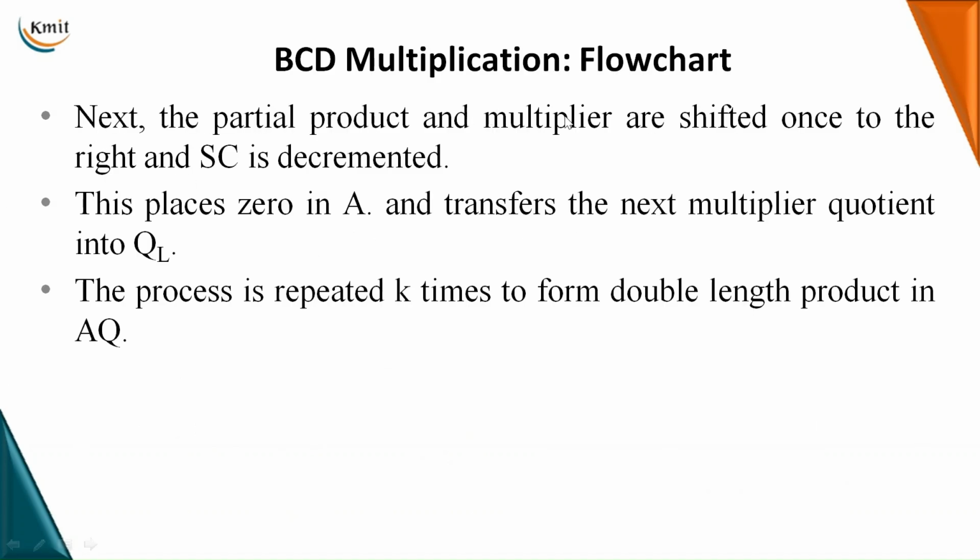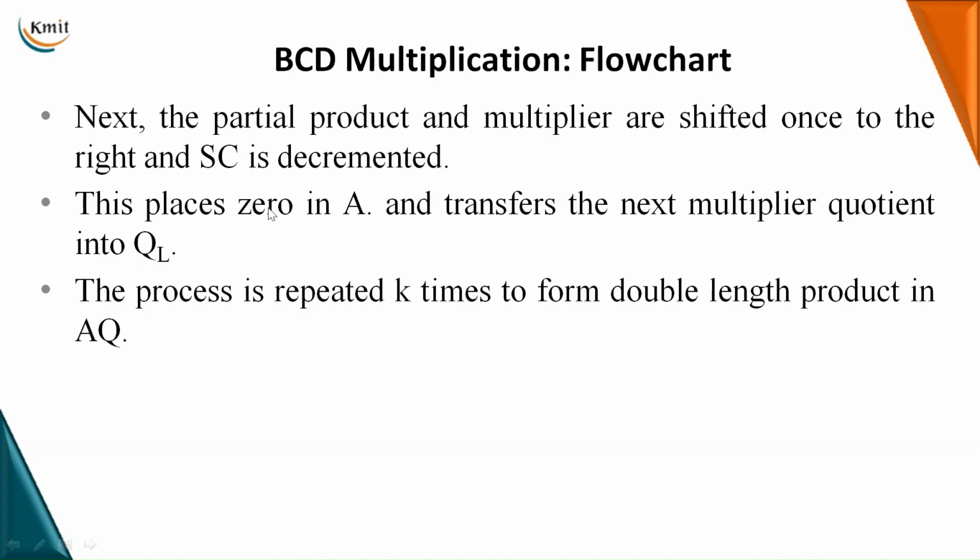Next, the partial product and the multiplier: whenever QL is 0, the next step is to perform a decimal shift right operation on the partial product and the multiplier, and the sequence counter is decremented by 1.